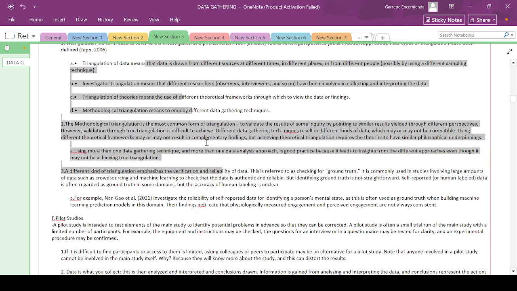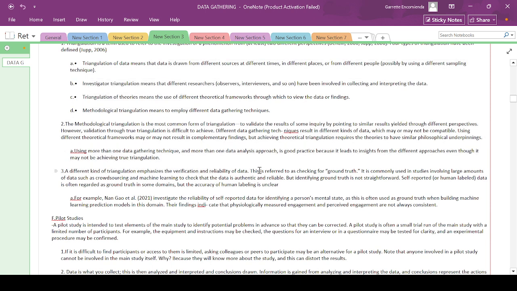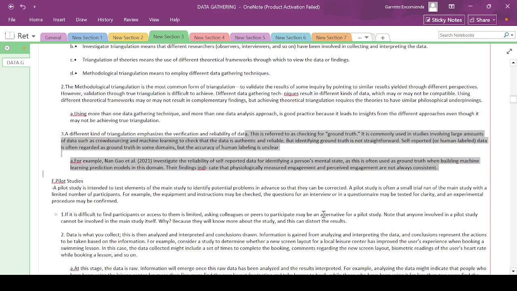A different kind of triangulation emphasizes the verification and reliability of data. This is referred to as checking for ground truth. It is commonly used in studies involving large amounts of data, such as crowdsourcing and machine learning, to check that the data is authentic and reliable. But identifying ground truth is not straightforward. Self-reported or human-labeled data is often regarded as ground truth in some domains, but the accuracy of human labeling is unclear.